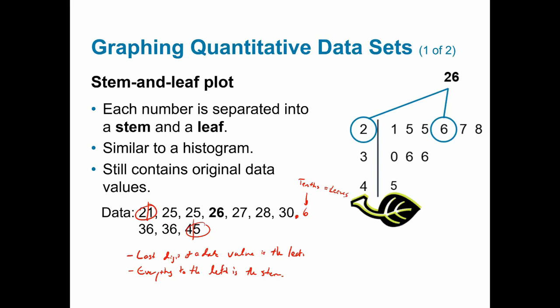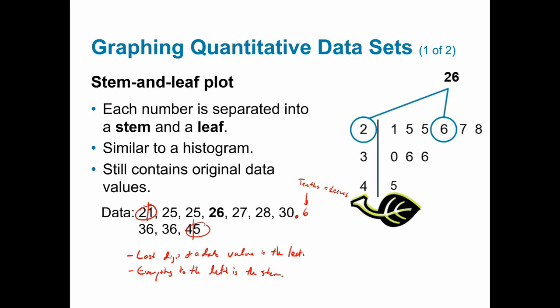Whatever the most decimal places that you have is, that last digit is going to be your leaf. But in general, most of your data values will probably have the same number of digits. And so that's how you figure out your stem and your leaves.